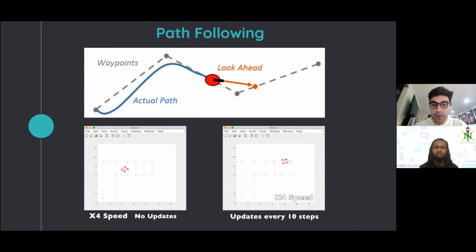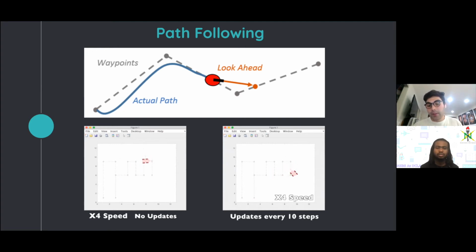The GIFs under that show, on the left, what the robot would think it's doing if it were to never update itself using the state estimator. As you can see, it strays away a lot from its ideal path, going all over the place without the state estimator.